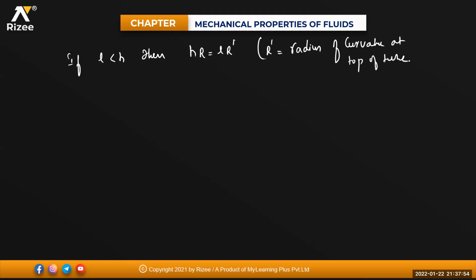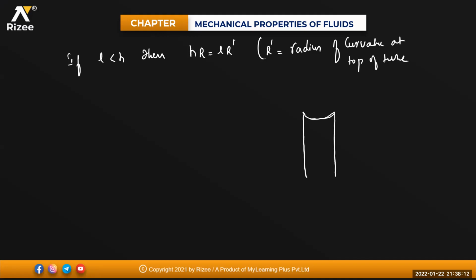Because it will try to overflow, no? If the length is lesser than the height, then it will try to rise up to a certain height, then it will try to fall. Before falling, it will form a circle. If the height of the liquid is like this, then before falling, the level of your liquid will go like this.